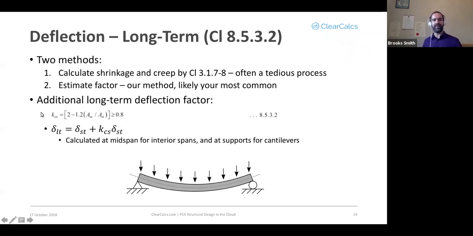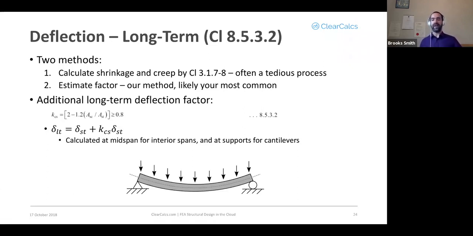It's just a simple formula for KCS. And then your long-term deflection is equal to the short-term deflection plus KCS times short-term deflection. That's calculated at the midspan for interior spans, and if you have a cantilever, you need to calculate it at the support. So technically, you should be calculating this amplification factor, this KCS, for each individual span that you have.